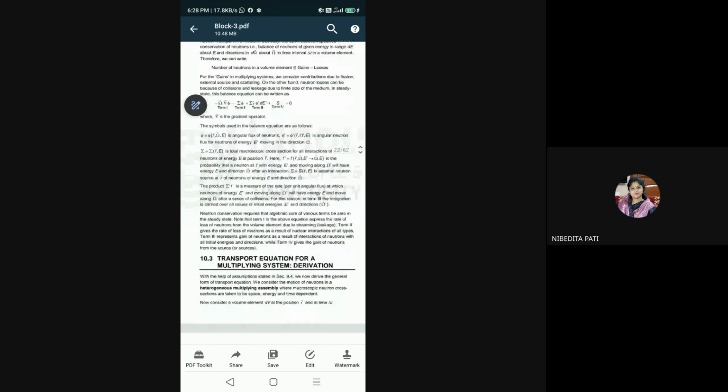Sigma is a function of r and E, the total macroscopic cross section for all interactions of neutrons of energy E at position vector r. F is the transition function from E dash, omega dash to E, omega, the probability that the neutron at r with energy E dash and moving along omega dash will have energy E and direction omega after an interaction.